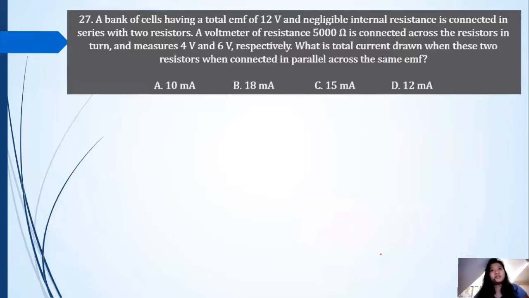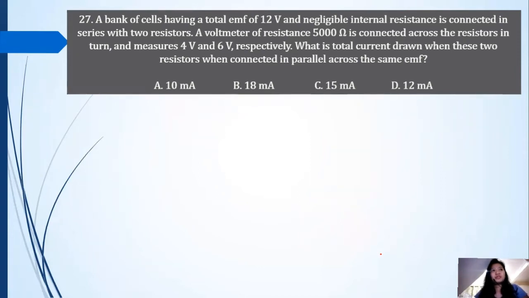We have here number 27. The problem for number 27: a bank of cells having a total EMF, or electromotive force, of 12 volts and negligible internal resistance is connected in series with two resistors. A voltmeter of resistance 5,000 ohms is connected across the resistors in turn and measures 4 volts and 6 volts respectively.